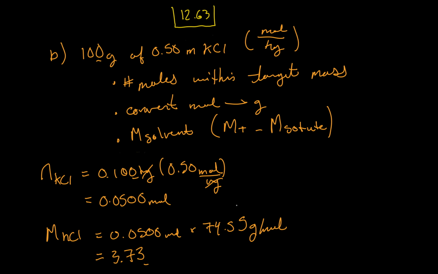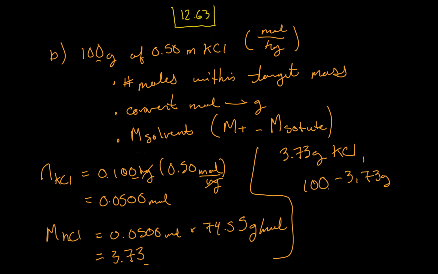Okay, so last step now. The last step is to calculate the mass of the solvent. To prepare this solution, we have to weigh out the following. We're going to need 3.73 grams of KCl, and we're going to need 100 minus 3.73 grams of H2O, because we have 100 grams total here.